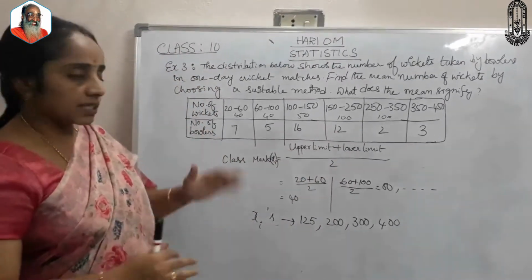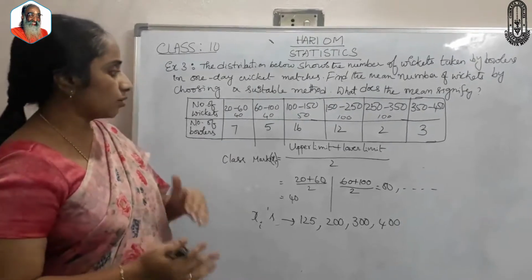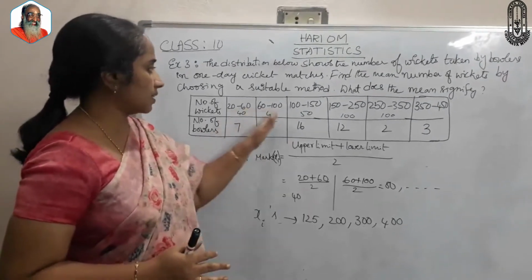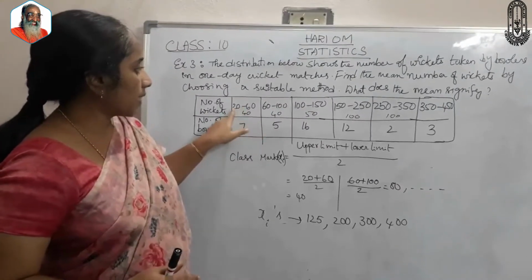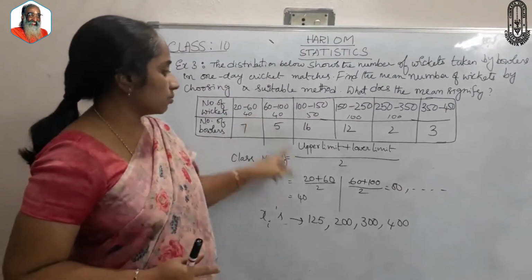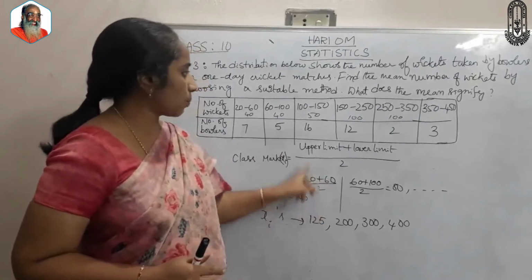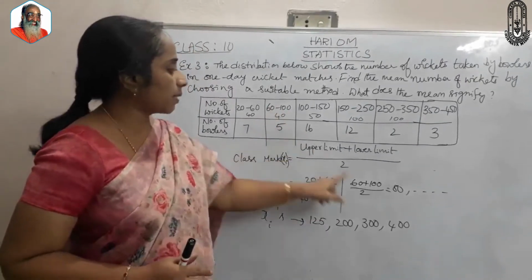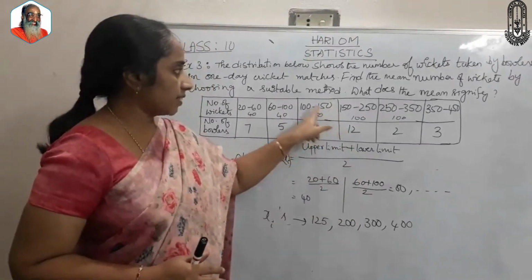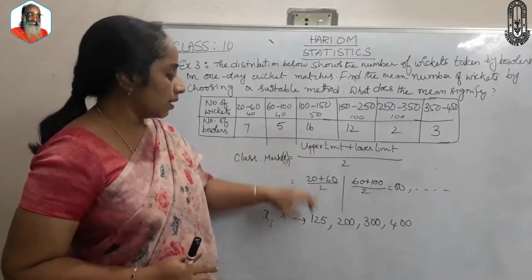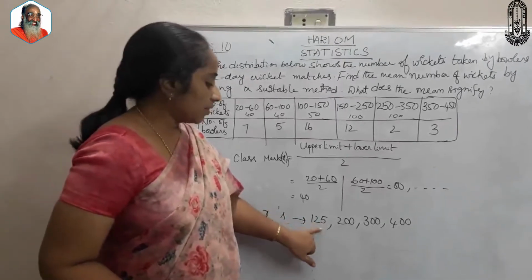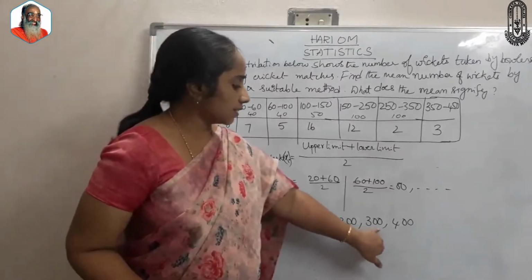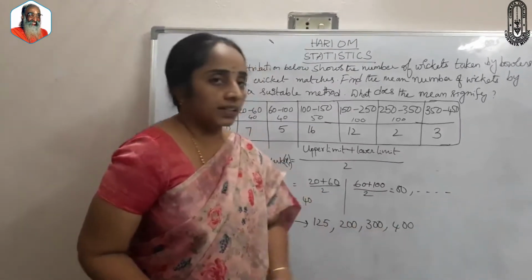Once again I am recalling how to find the class mark for each class. It is upper limit plus lower limit by 2. So 20 plus 60 by 2, 100 plus 60 by 2, likewise 150 plus 100 by 2. So the remaining ones are 125, 200, 300, 400.